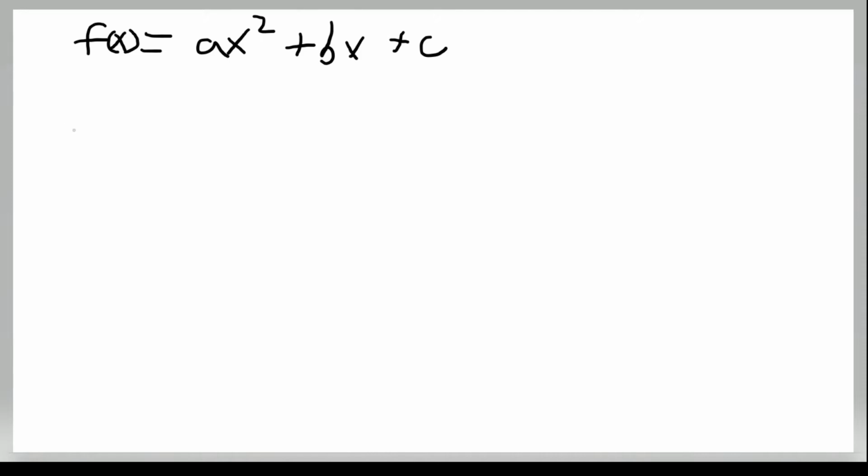So let's just get a number in here. y equals 3x squared minus 6x plus 4.